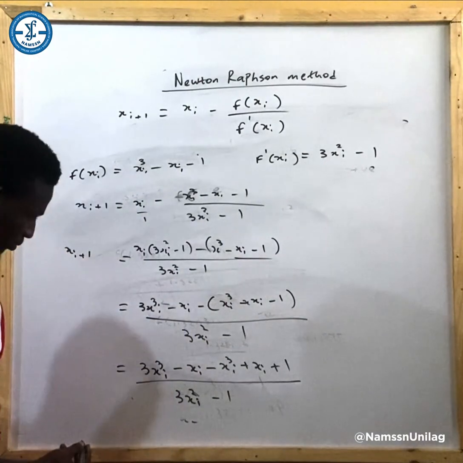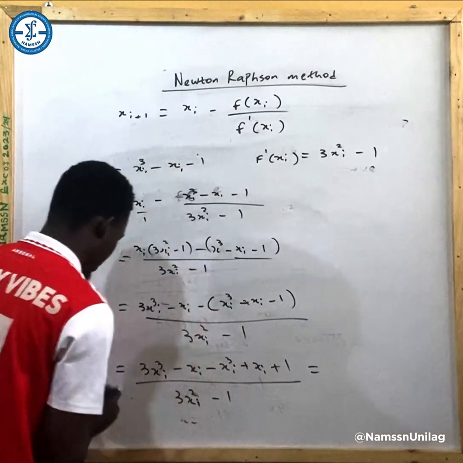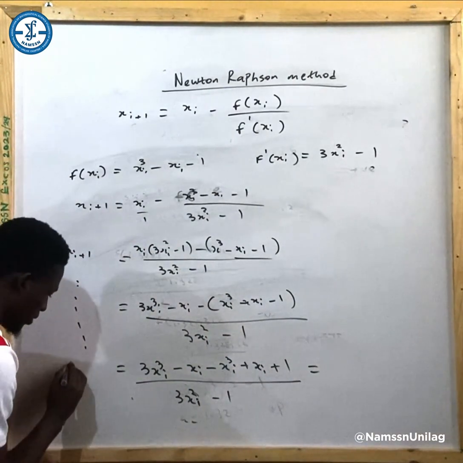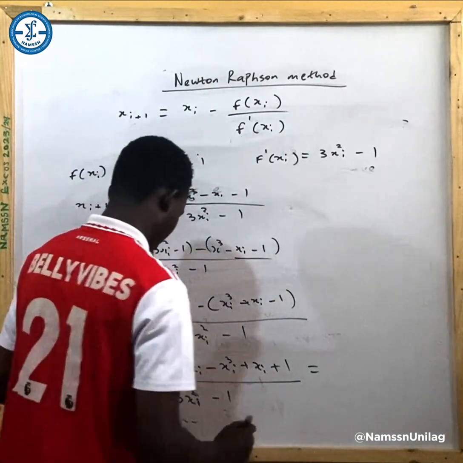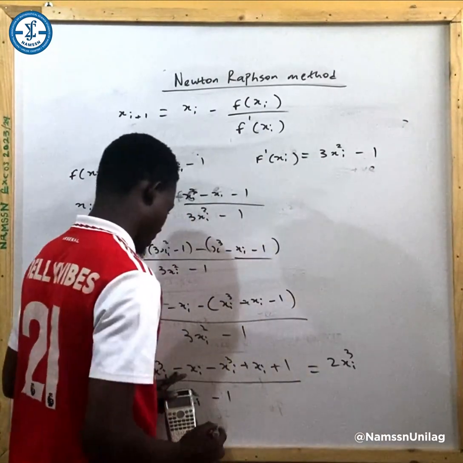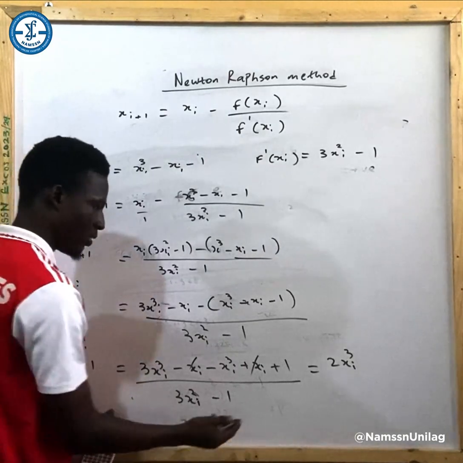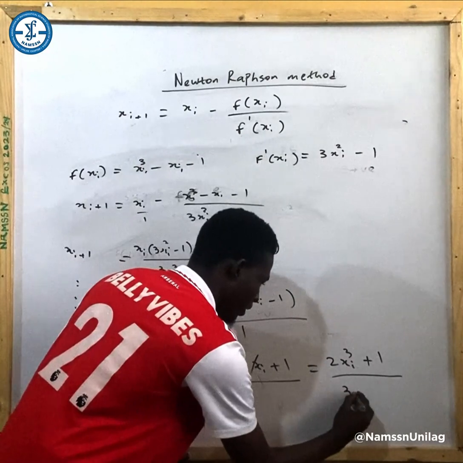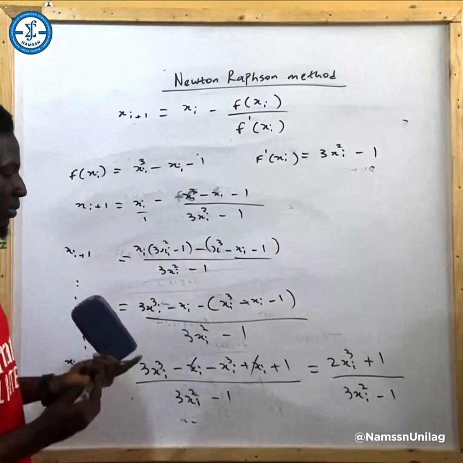Then when you simplify, this cancels this, and you have 2x_i cubed plus 1 over 3x_i squared minus 1. So this is our scheme.